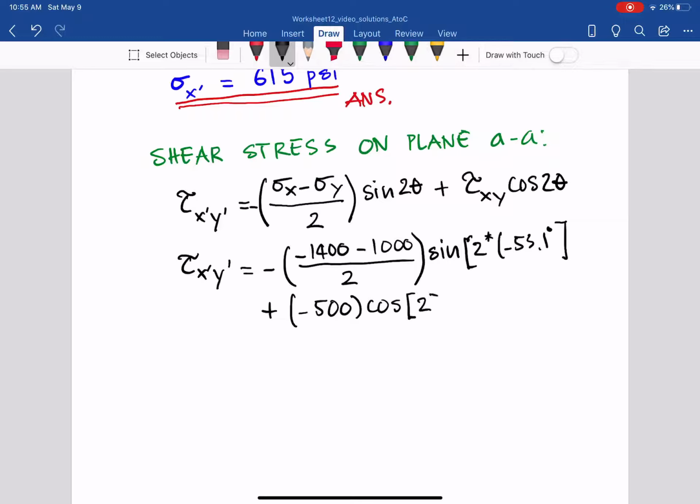We have 2 times the angle, which is negative 53.1 degrees.